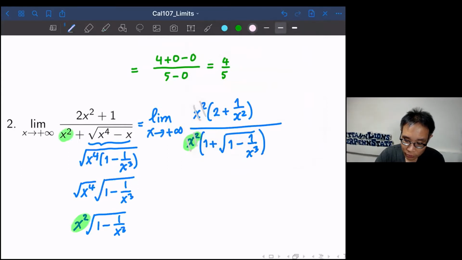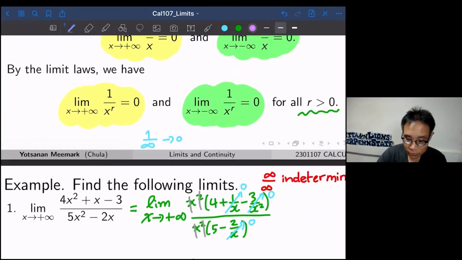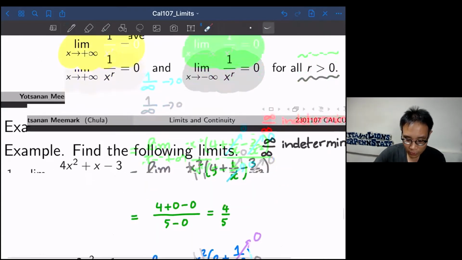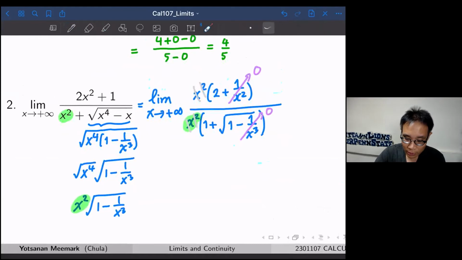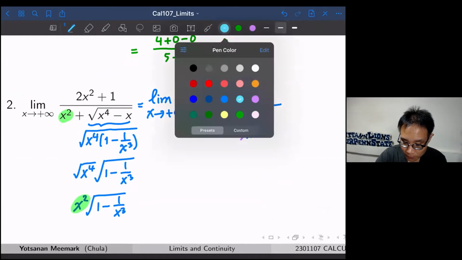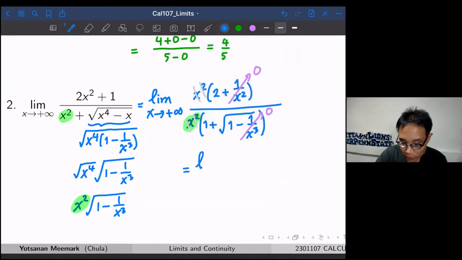When x goes to infinity, this guy is going to be 0, and this guy is going to be 0, according to this relation. So this limit turned out to be 2 plus 0 over 1 plus the square root, and it's going to be 1 here, so 1 plus the square root.